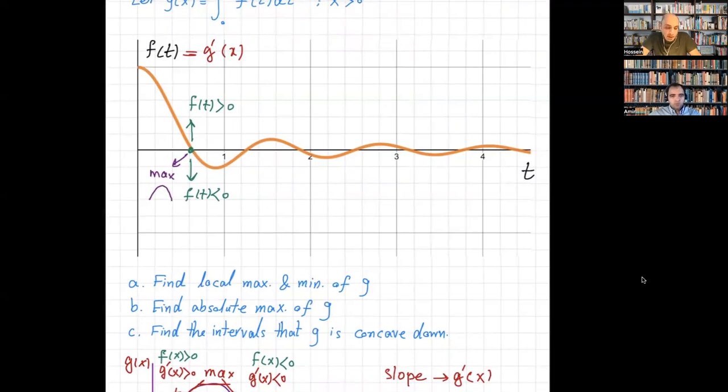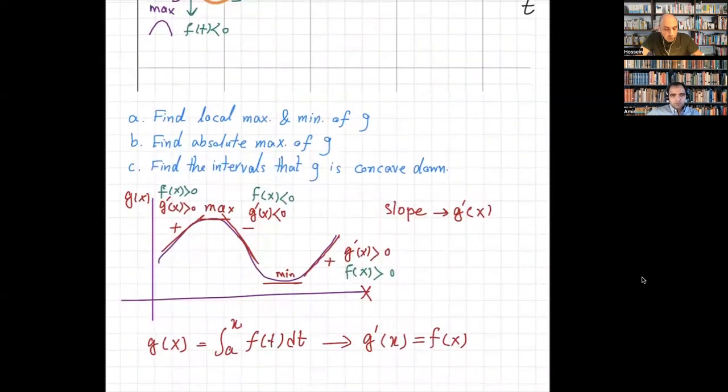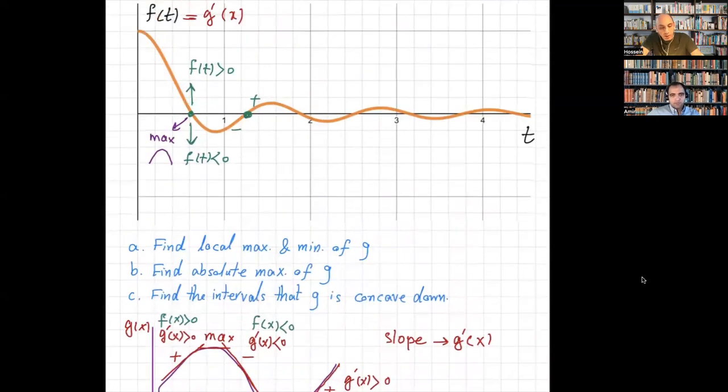And then the next point is here, and the slope changes from negative to positive. So going down here, when the slope changes from negative to positive, I have a min. It's a local minimum.